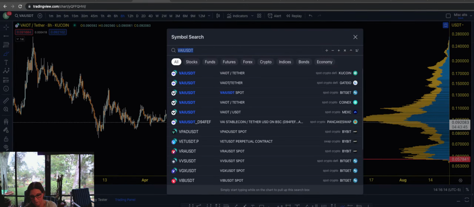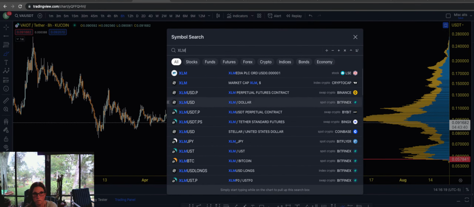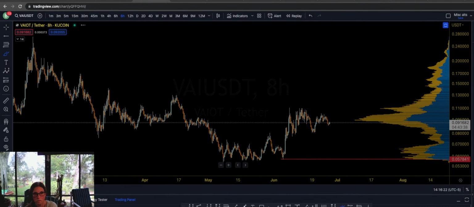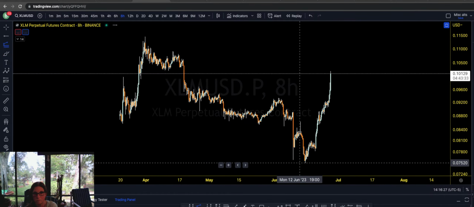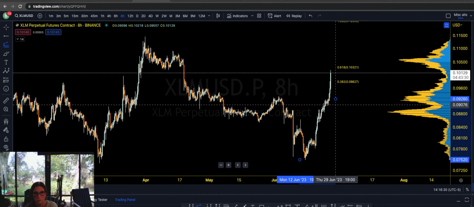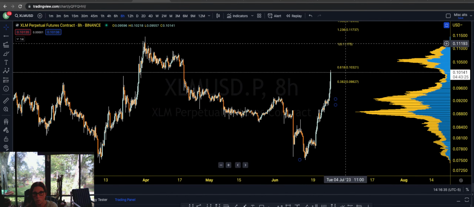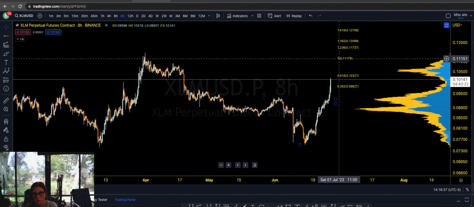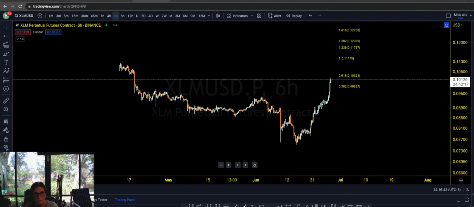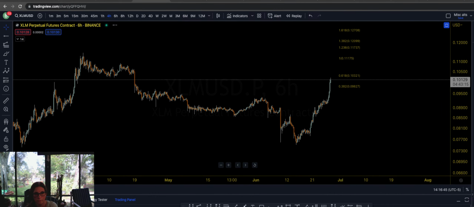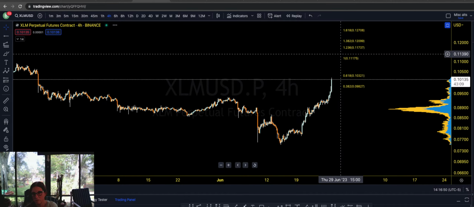XLM is probably putting in a fifth wave, or an extended fifth. So how do you measure them? It's the 1-to-1. And if it takes that out, then it's the 1.618. It's an extended fifth.